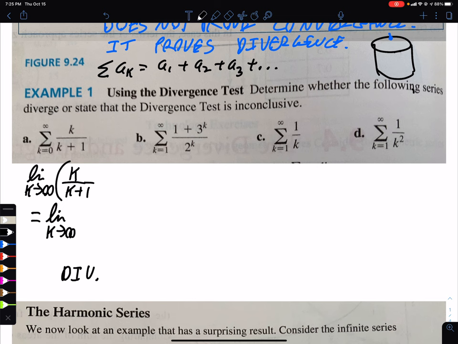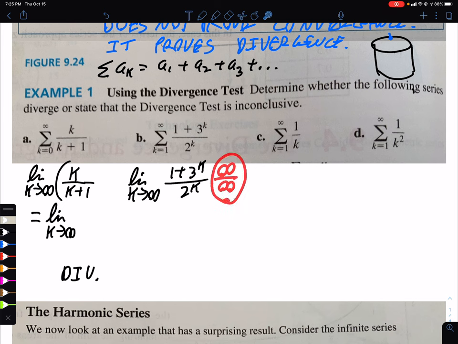This one's a little trickier. So we take the limit as k goes to infinity of 1 plus 3 to the k over 2 to the k. And you will see as k goes to infinity, you have infinity over infinity, which is indeterminate. So you have a tougher situation here. One thing you could try is dividing by 2 to the k.